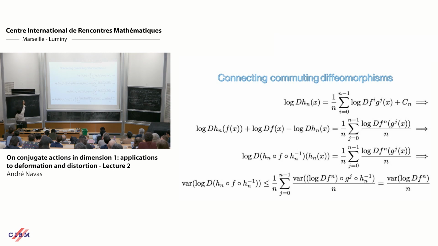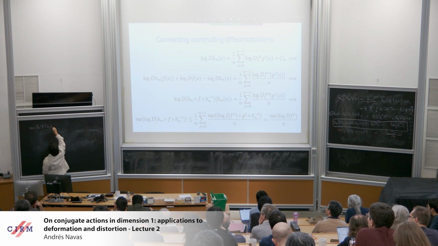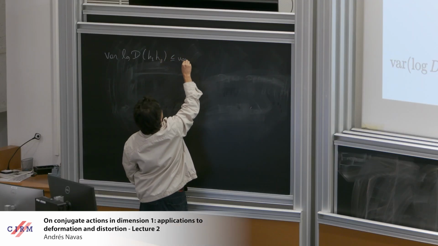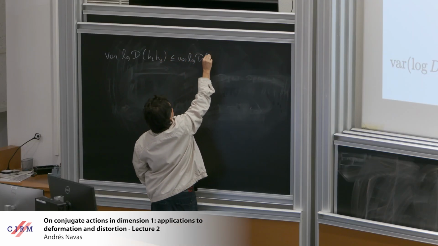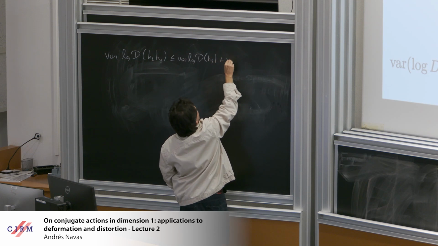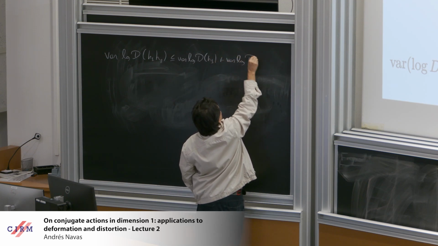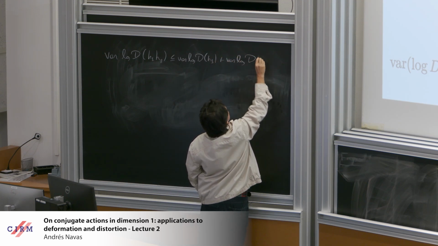So let me now introduce some ingredient in order to deal with this obstruction. So everything is contained in here, and well, you know, there is this Denjoy inequality that says that if you take two diffeomorphisms, then the variation of the logarithm of the composition is smaller or equal than the sum of the variation of the logarithm.